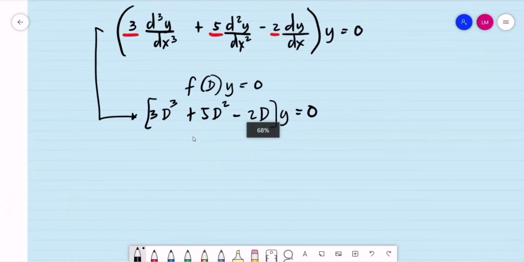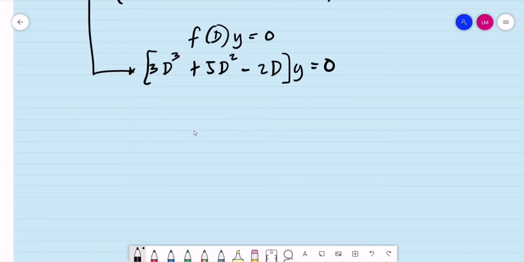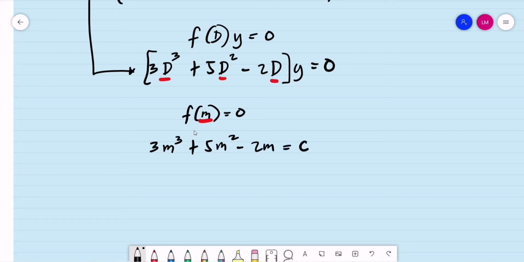So let's have the auxiliary equation. For the auxiliary equation, that is f of m equal to 0, basically we are just to replace the differential operator D with m. So we can have it as 3 times m cubed plus 5 times m squared minus 2m equal to 0.